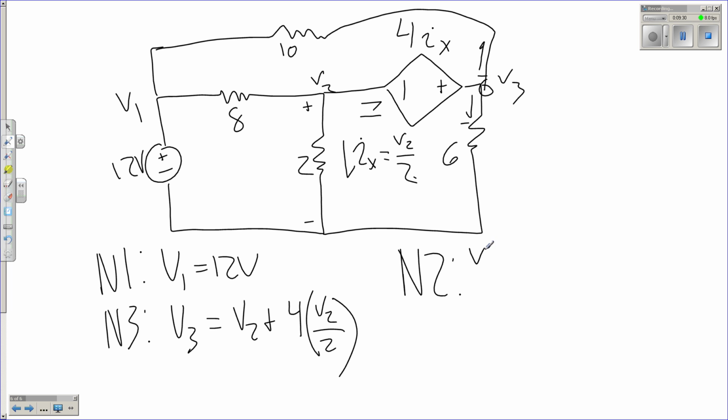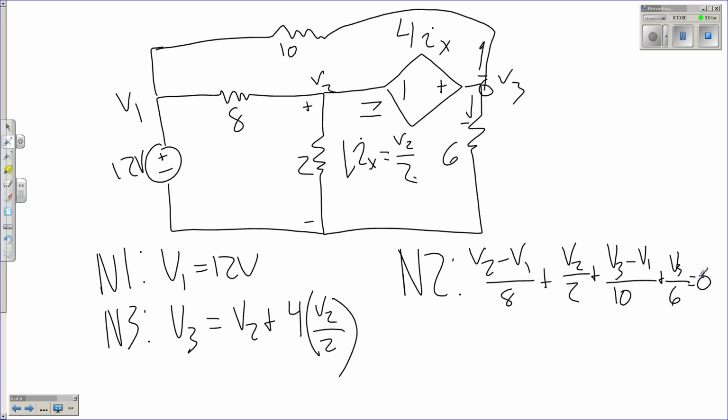To start off with, we can store on the other side V2 minus V1 over 8 plus V2 over 2, which is just Vx, plus, now we need to do the separated currents. So first one, V3 minus V1 over 10, and the last is V3 over 6. And remember, this all equals 0. And that's as hard as it gets.